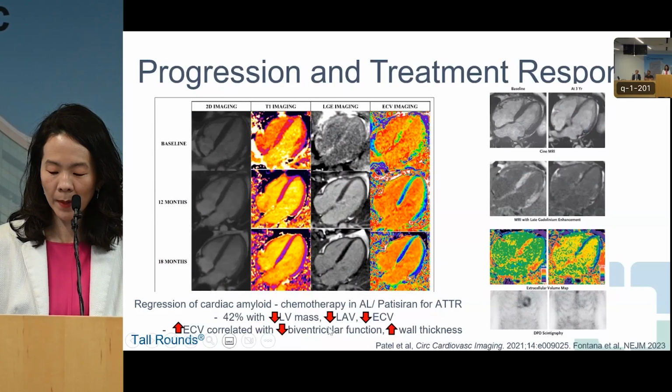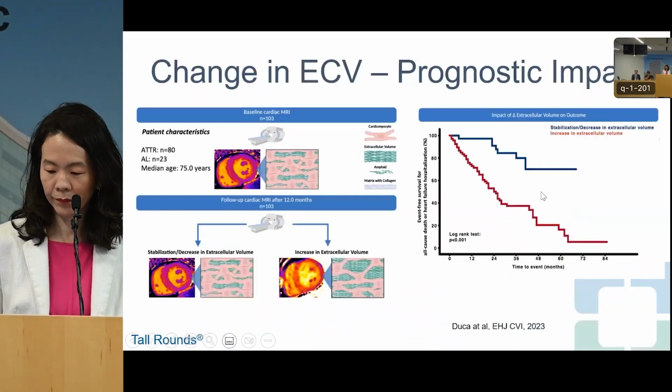So decrease in LV mass, decrease in LV volume, and decrease in ECV, with significance. ECV increase also correlated with decrease in biventricular function and increased wall thickness. So again, these are very striking differences in terms of late gadolinium enhancement from baseline to follow-up, and this is a very striking response to treatment.